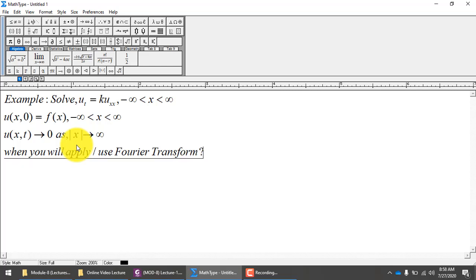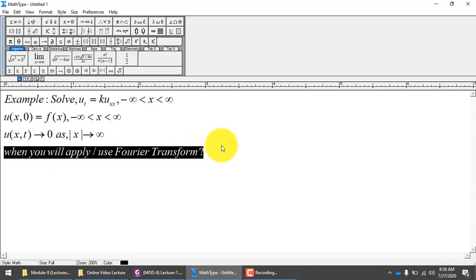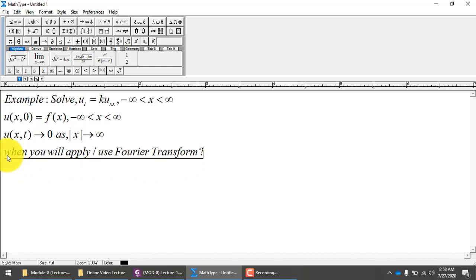This is the first question which is confusing for all students, that when you will apply the Fourier transform or when you will apply Fourier sine transform and cosine transform. In our lecture series I am only intending towards Fourier sine and cosine transform apart from general Fourier transform.